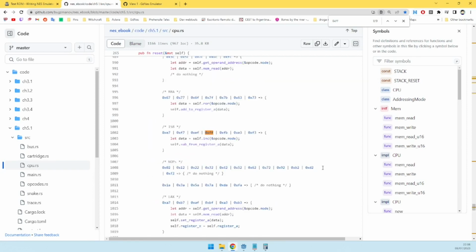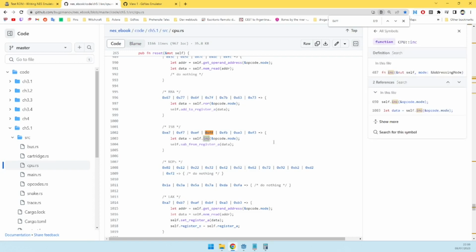Yeah, it is probably not. Okay, ISB. So data is self increase of code. What is inc?